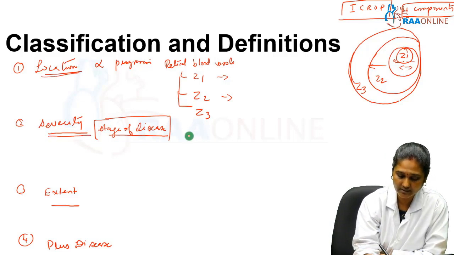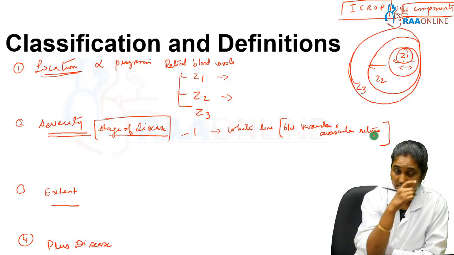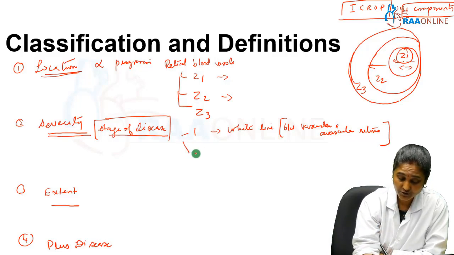Stage 1 means there is only a simple white line which acts as a demarcation line between the vascular and avascular retina. This is stage 1. In stage 2, it is seen as a ridge.